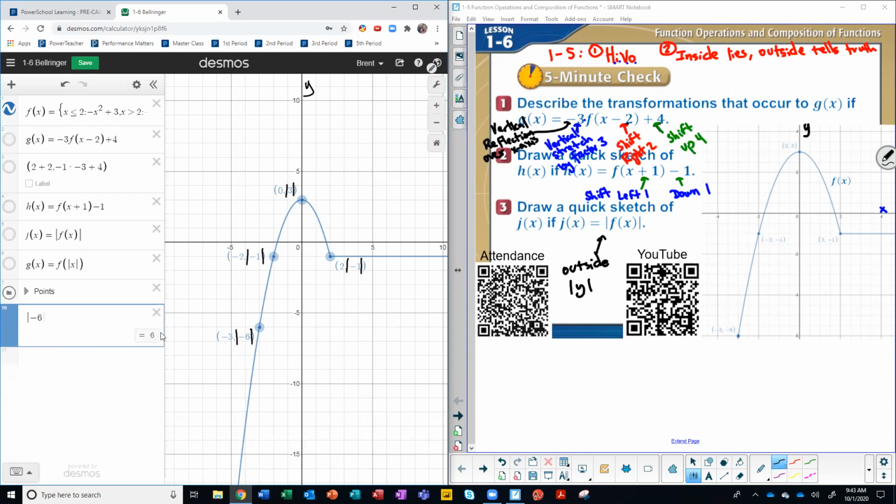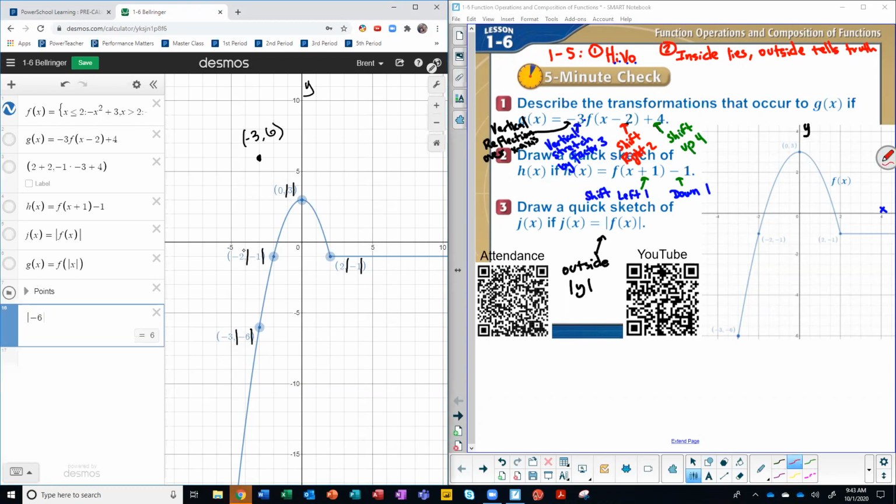So this point, the x doesn't change. The x will still be -3. This one's going to get shifted to become -3, +6. That's right there. -3, 6. And I'll erase this so we're not confused. This point right here became that point.